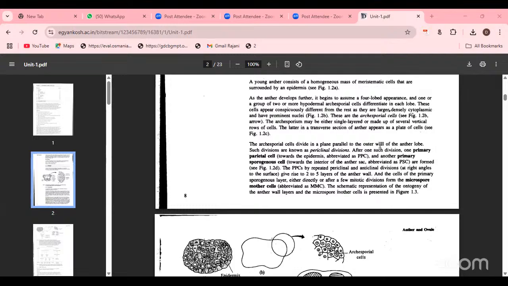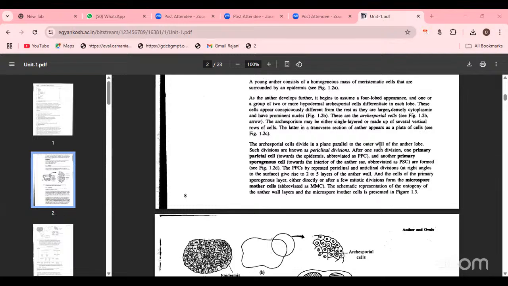This one is the PPC present here. Archesporial cells, this one towards the inner side. This is present in these archesporial cells.